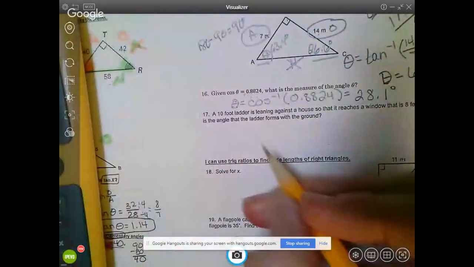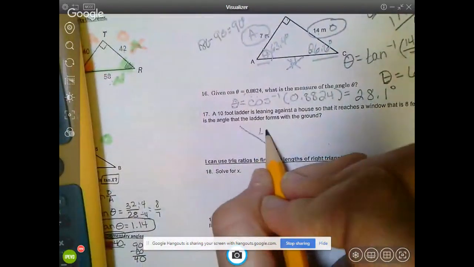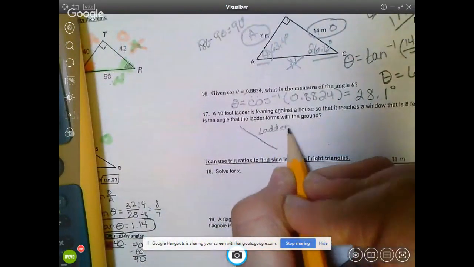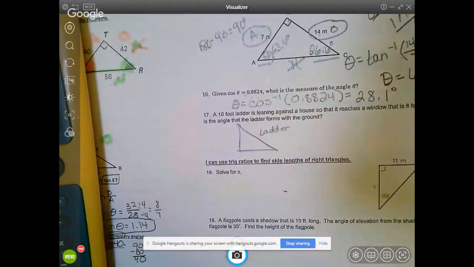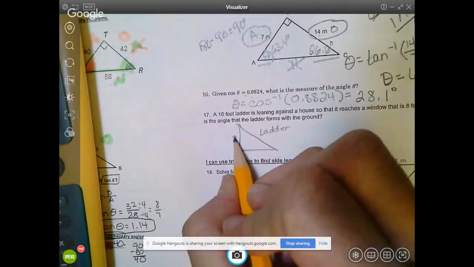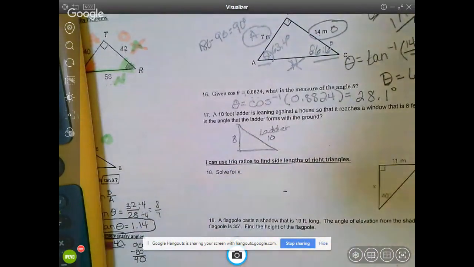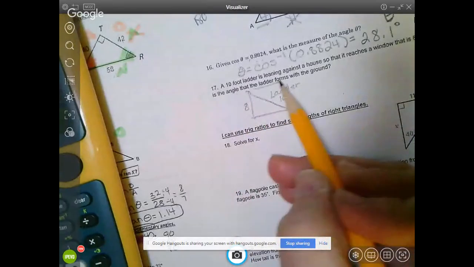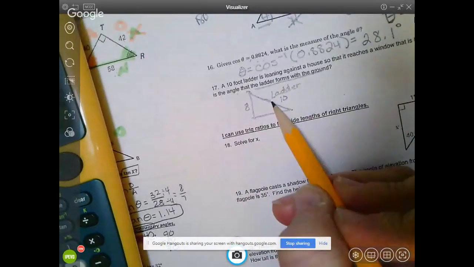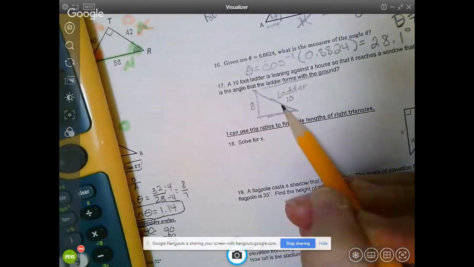A 10-foot ladder is leaning against a house. Remember, anytime that we see ladder, ramp, diagonal, that's always the hypotenuse. It's leaning against a house with a window that's 8 feet off the ground. It's a 10-foot ladder. What's the angle the ladder forms with the ground? So here's my ladder. It forms with the ground this angle.